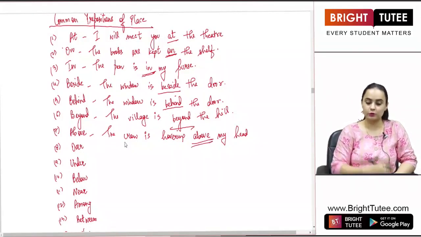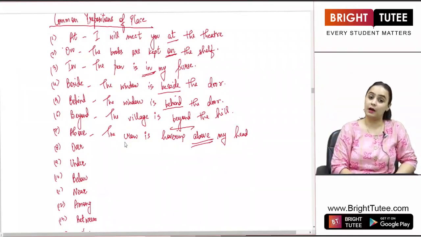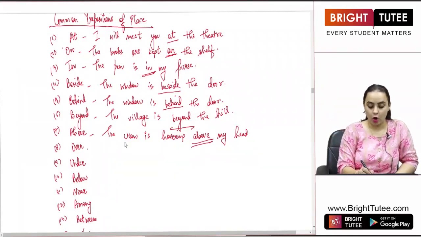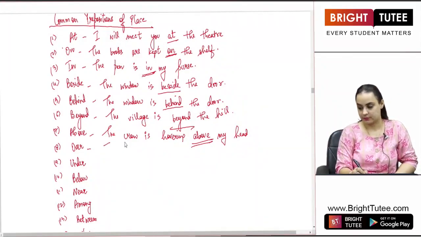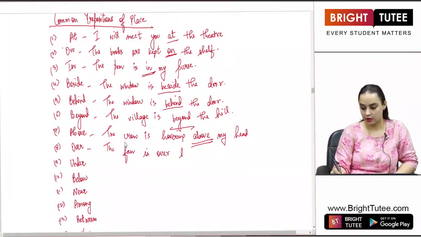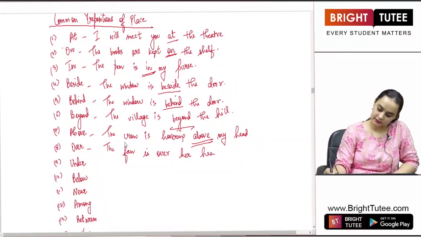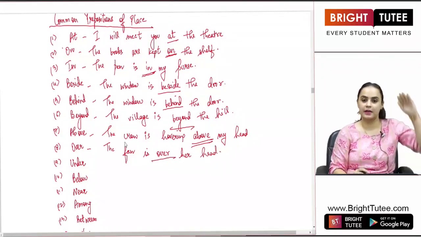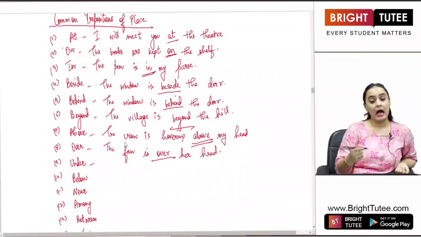So where is the crow hovering? Hovering, revolving, roaming around. Above, so that is the place. Over. The fan is over her head. Again, where is the fan? Over our head.